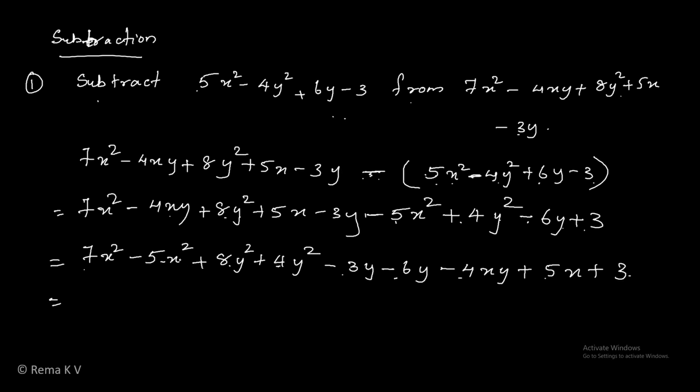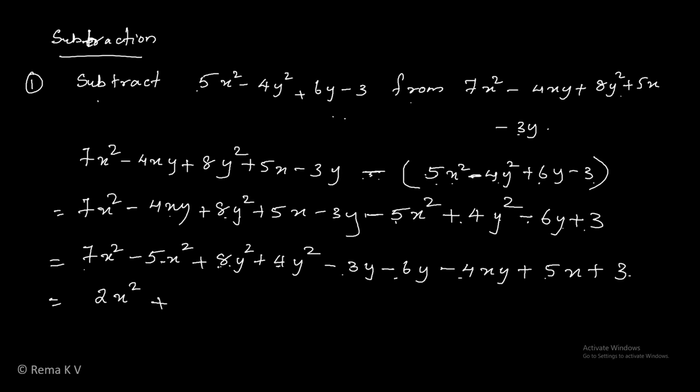Now what is 7x square minus 5x square? Give your answer. 7x square minus 5x square is 2x square.